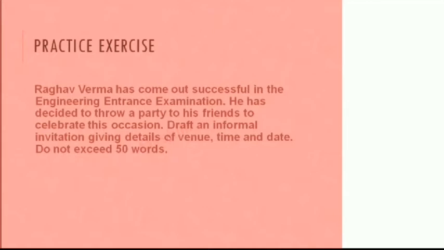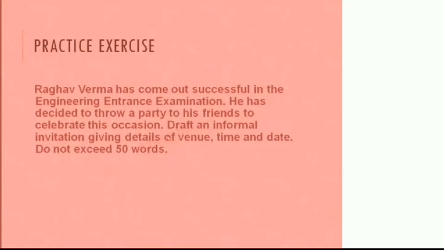This is the question. Here, Raghav Verma has come out successful in his engineering entrance examination. He has decided to give a party to his friends, and to celebrate this occasion, he is going to send an informal invitation to his acquaintances, his friends.